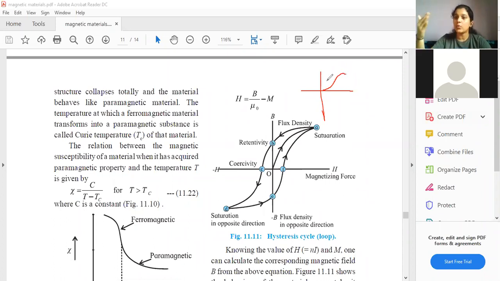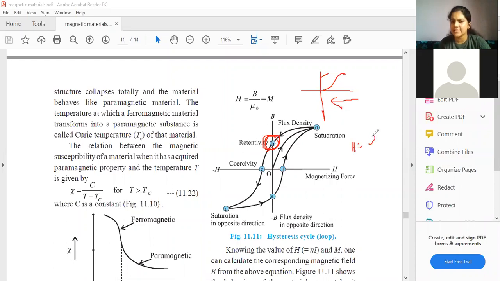After this, we'll decrease the current. Decreasing the current means I am decreasing H now. So when I'm decreasing H, my graph will come back from this position to here. Now the question is why my graph is stopping midway over here. Students, if you see at this small b point, the value of H is 0.